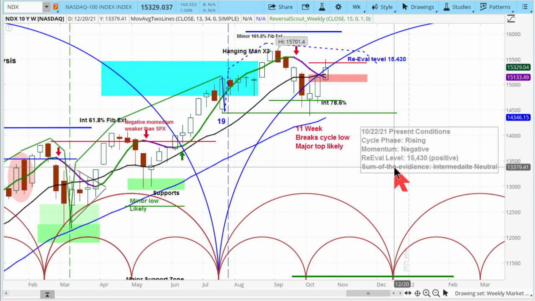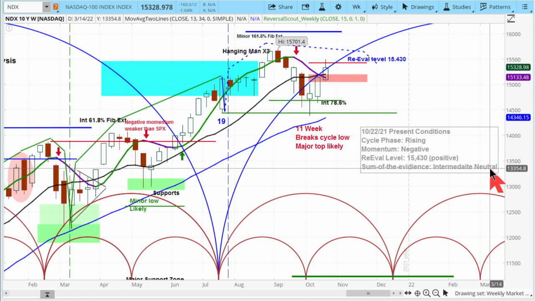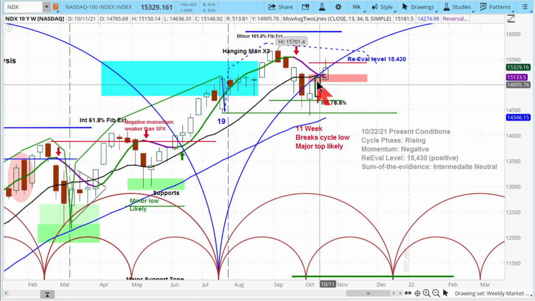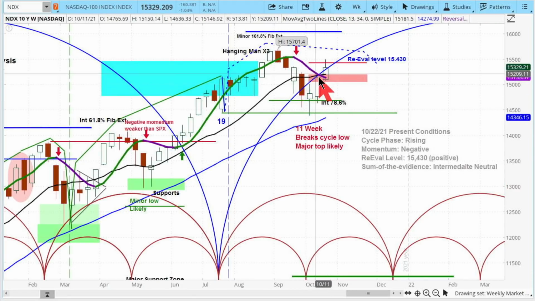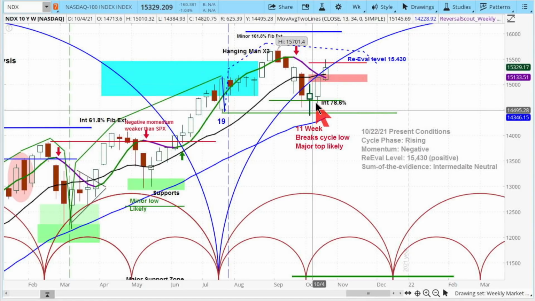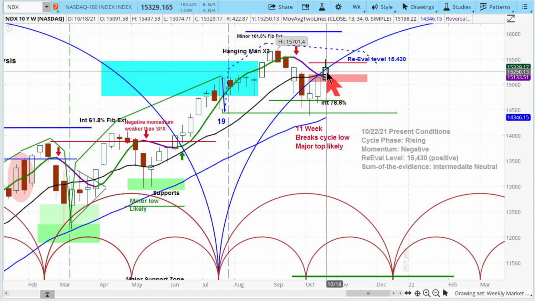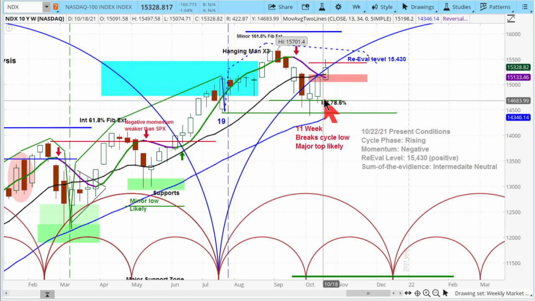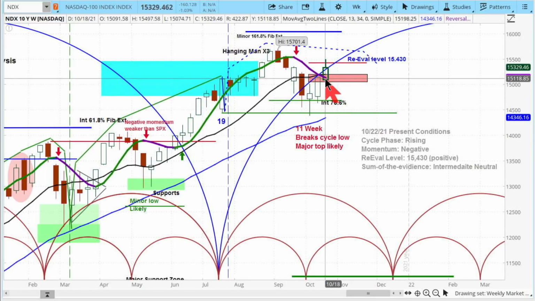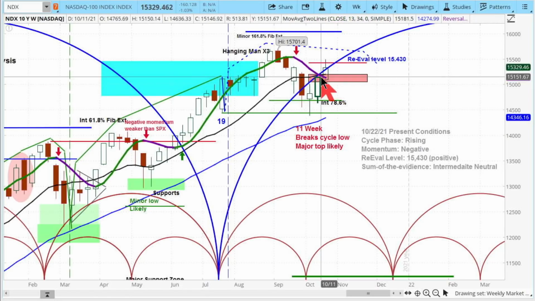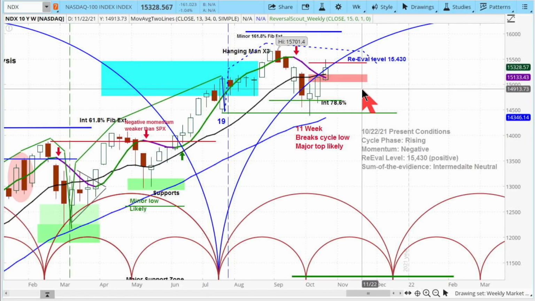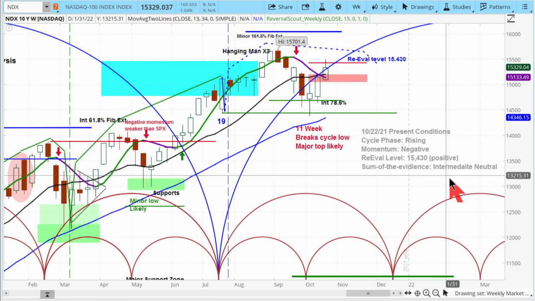And the sum of the evidence is intermediate, I spelled that incorrectly, neutral. And the reason it's neutral is because you have negative momentum in conflict with a rising condition here in this cycle. If our other information that we look at in other charts shows us that the negative momentum and the cycle patterns then turn negative, then the sum of the evidence would be negative.